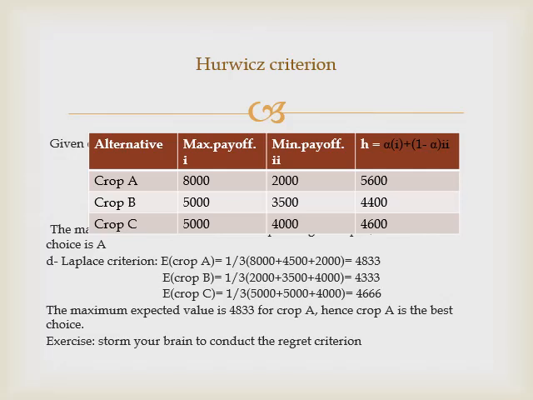Hurwicz criterion. Given the coefficient alpha equals 0.6, this is for optimism. For pessimism it is 1 minus alpha, 0.4, and refer to table 1.